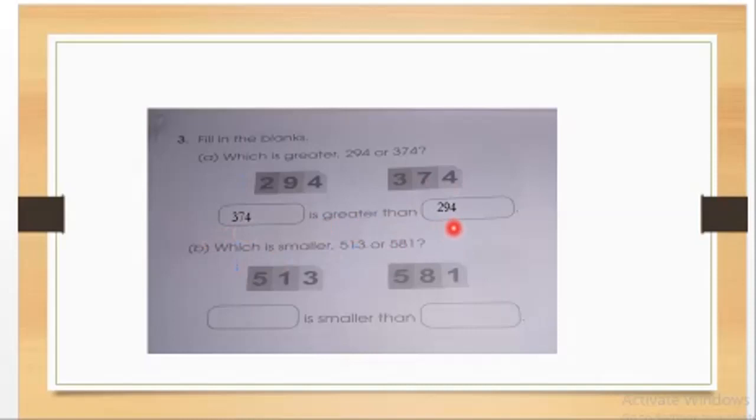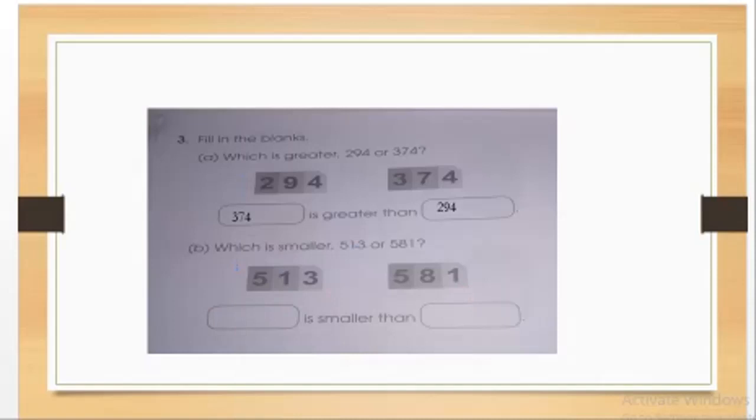And in the next example, the question is, which is smaller? We're going to first write down the smaller number in the first block. So read the number, 530, 581. Which is the smaller number? Yes, I'm sure that you already know the answer.